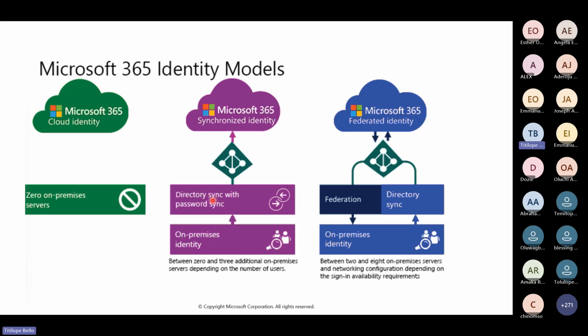This server will be hosting what we call the directory synchronization tool, now Entra Connect, the Entra ID Connect app, right? But today, you can co-locate. Before, you needed a dedicated server that is not a domain controller to host this tool for you. But today, you can install it on the same domain controller that you have on-prem.